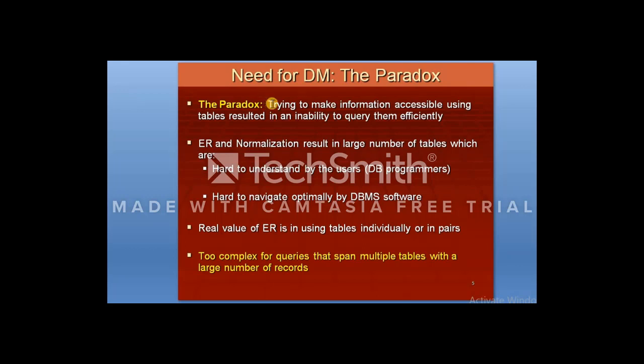This statement says that trying to make information accessible using tables resulted in an inability to query them efficiently. When you have created multiple tables from an ERD and you try to get information from them, you will create more joins, and more joins result in a bigger product of rows.